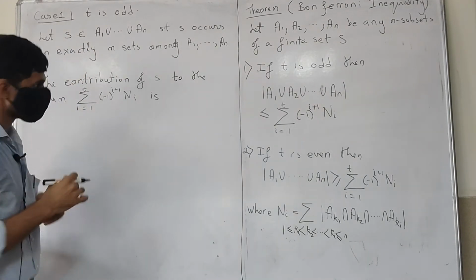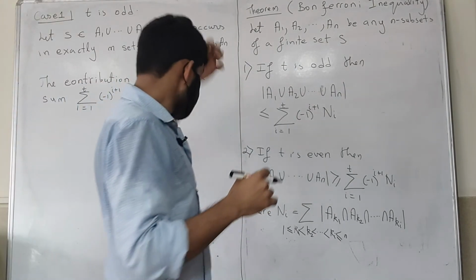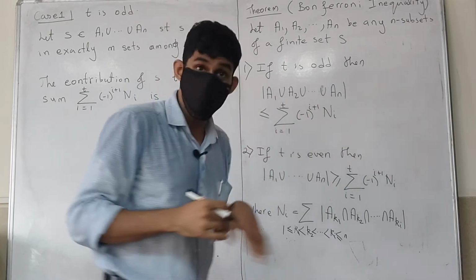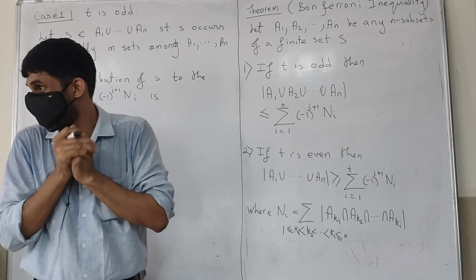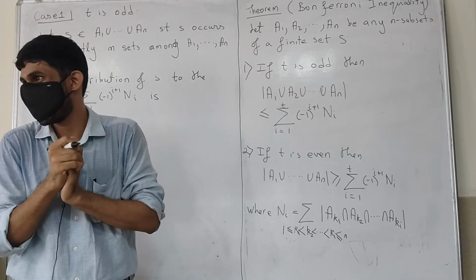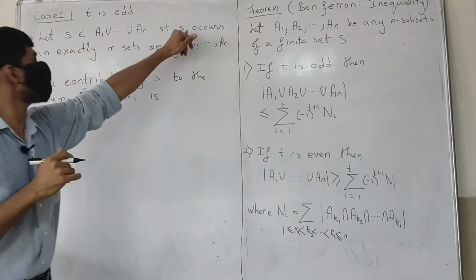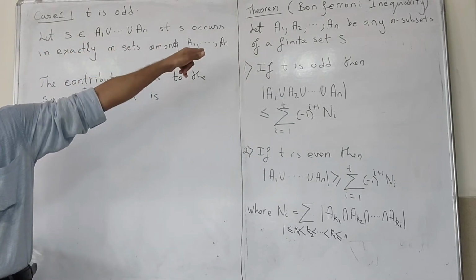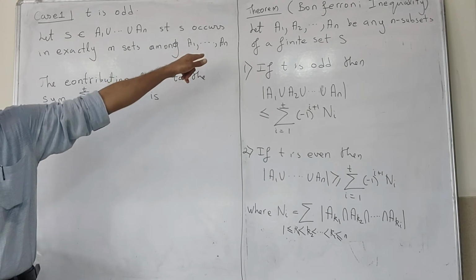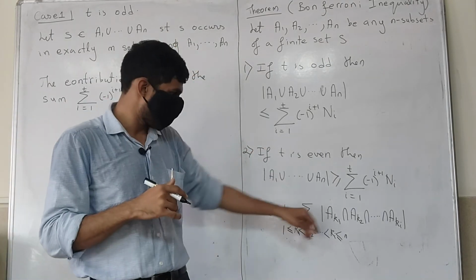So in the first, N1, what will be N1? S occurs in exactly M sets among these, right? So what will be N1?